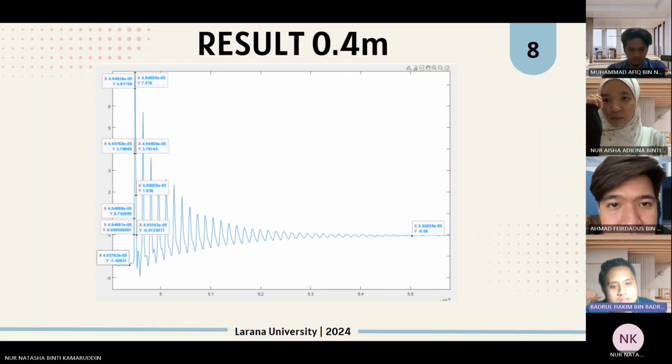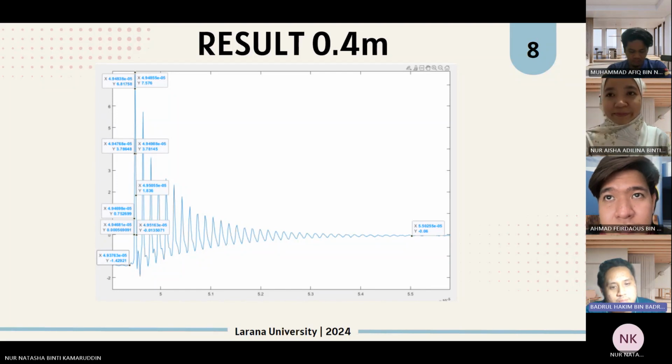This is also the same result for 0.4 meter. We can see the result. We also plot the rising time, overall pulse duration, highest amplitude, zero crossing, and half full width. Next, please.